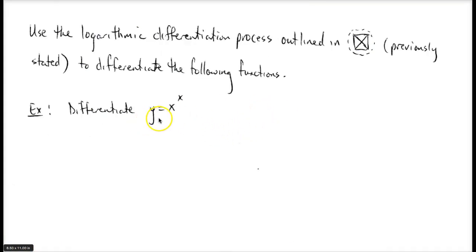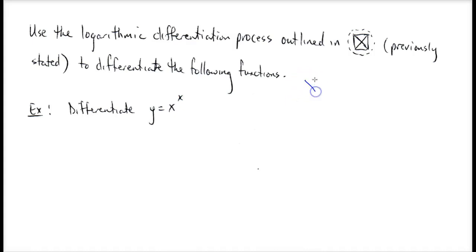Looking at this particular equation, we can tell that this is not a function we know how to differentiate, because we have y is equal to x raised to the x. We don't have any differentiation rules that allow us to take the derivative of x raised to the x.